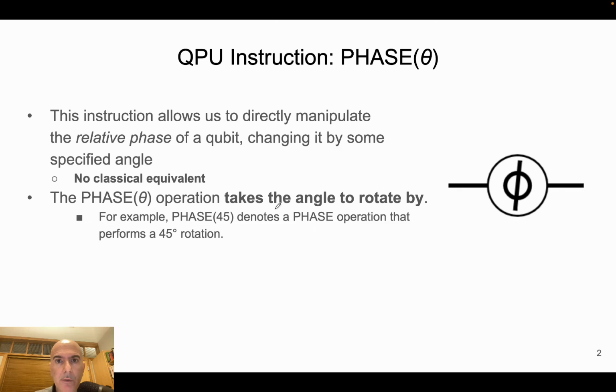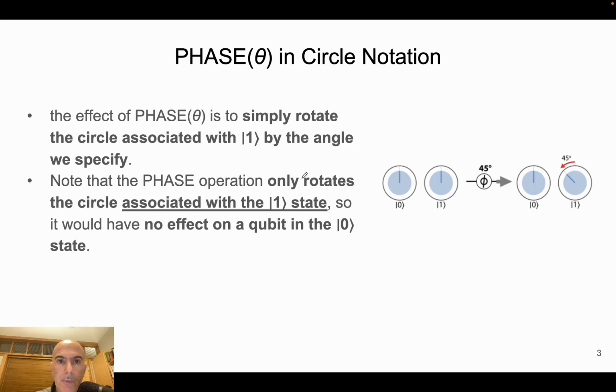The argument of the phase quantum gate is an angle, and is the angle we rotate the relative phase. For instance, phase 45 denotes a phase operation that performs a 45 degree rotation. So what is the effect of the phase quantum gate in circle notation?